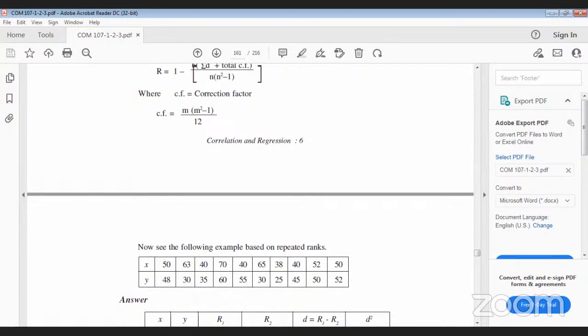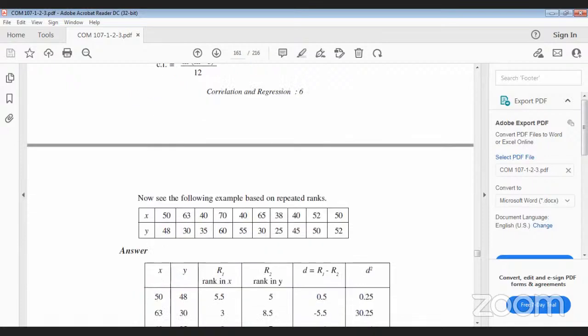These are the values for X. Now for Y: 48, 30, 35, 60, 55, 30 again, so 2 times 30, 25, 45, 50, and 52. We have to write these here for the answer.